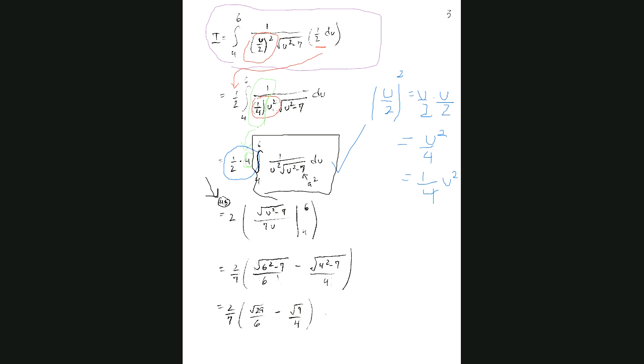So the antiderivative of 1 over u squared times the square root of u squared minus 7 by formula 45, and since I'm applying formula 45, I write it down right here. That's going to equal then the square root of u squared minus 7 over 7u, and I'm evaluating that at 6 and 4. So whenever you apply a formula, you identify what the formula is. That's part of the work, and you put it over the equal sign to say, hey, I'm using this formula. And then the rest is just easy.